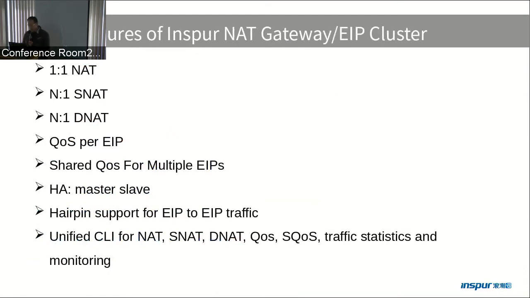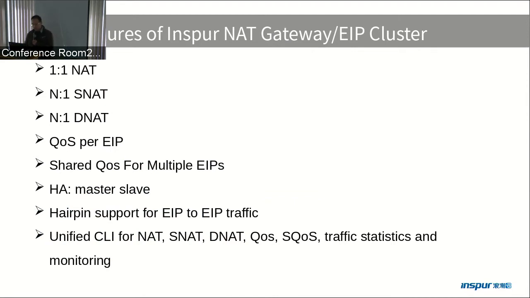In our NAT gateway, we have implemented these features. We can support one-to-one NAT, N-to-one SNAT, N-to-one DNAT. We can support QoS for EIP. Here EIP is a public IP, an elastic IP. We also can support shared QoS for multiple EIPs.